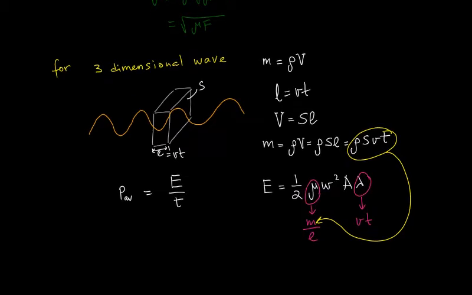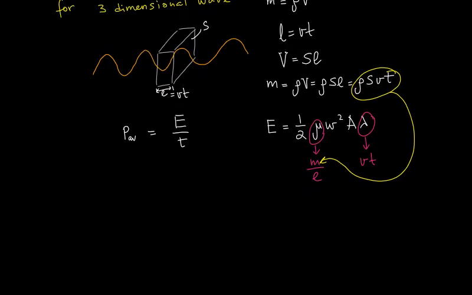So here the energy will equal 1/2. Instead of mass, I'm going to write rho S L. Actually, it would be easier if we put not S V T but rho S L. That would be much easier for us.